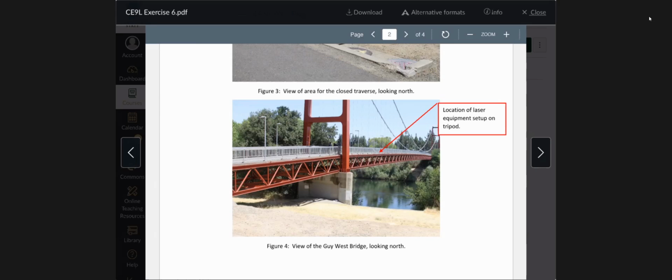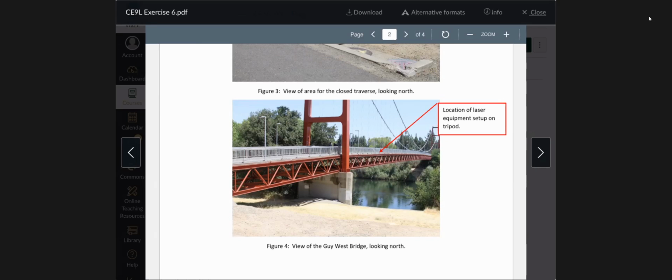Because the bridge has curvature to it and its highest point is in the middle, we have to be careful here, because if we put the instrument too low on the bridge, when the signal is emitted from the laser, it won't be able to go across the crown of the bridge in the middle.